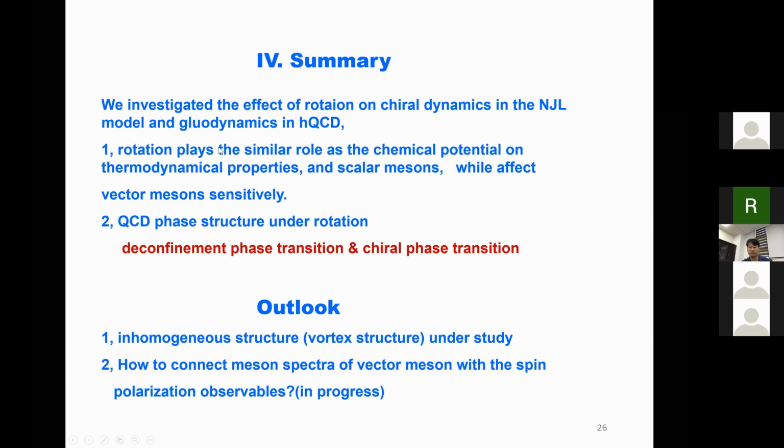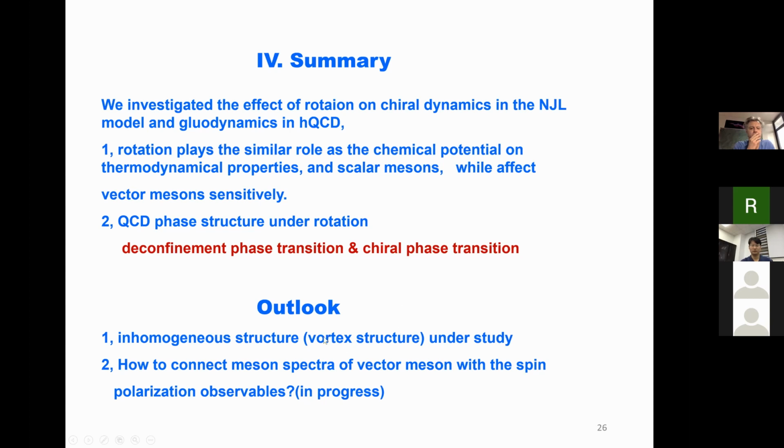But rotation affects the vector mesons sensitively, and for vector mesons, rotation plays a role like a magnetic field. We also see that the QCD phase structure changes with rotation, both for the chiral phase transition and the deconfinement phase transition.